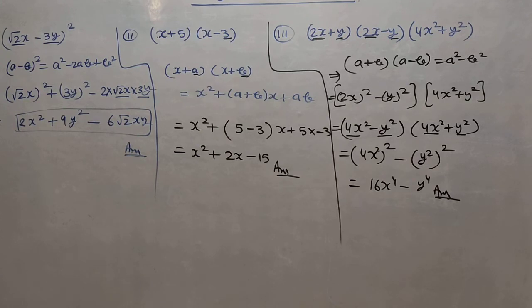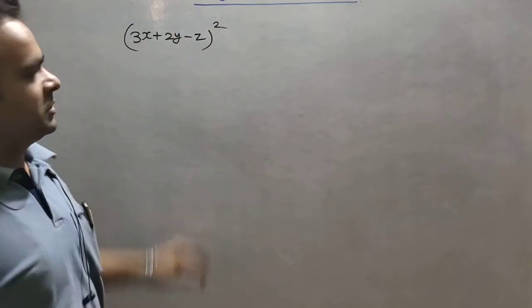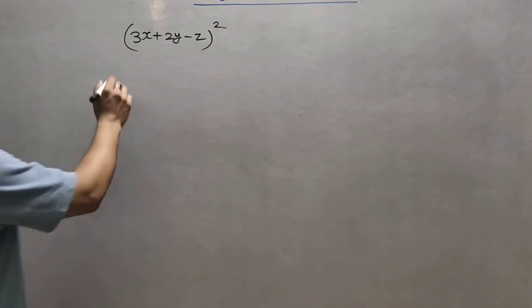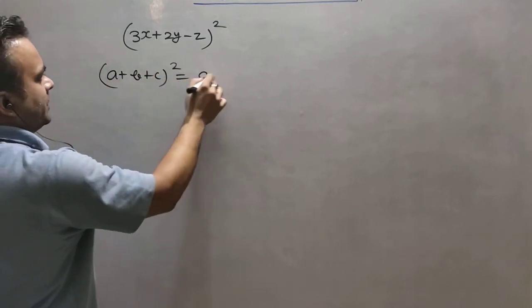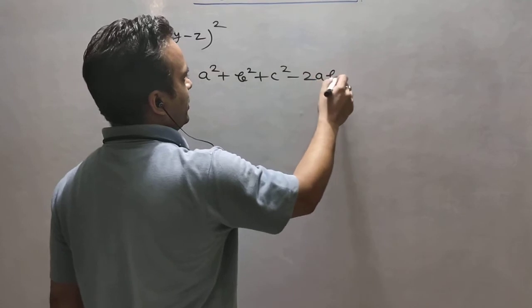So now we will do the next sum: 3x plus 2y minus z whole square. You can see that it is a polynomial with 3 terms, and I think I have told you only one formula for this: a plus b plus c whole square. What is that formula? a square plus b square plus c square minus 2ab or plus 2ab?